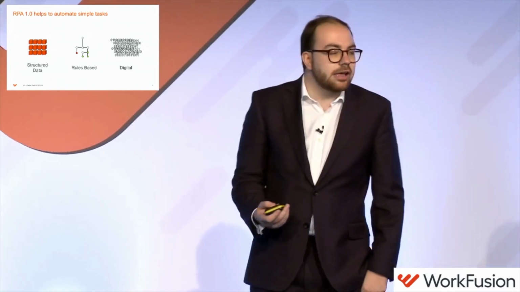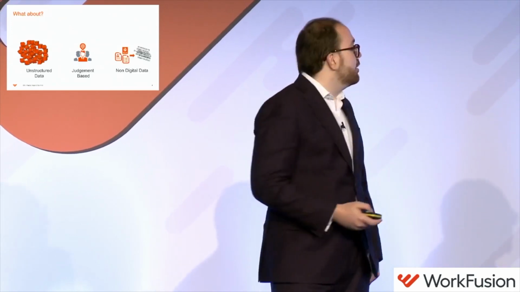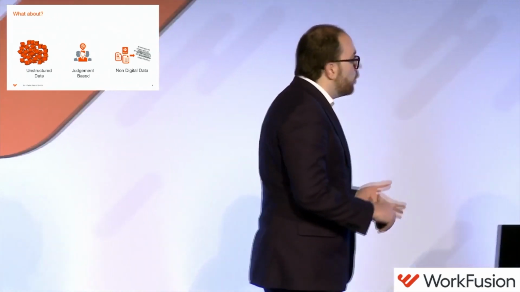Everybody has a way of trying to work out what those use cases are and generally doesn't find it that difficult. So I think the challenge with RPA 1.0 that you will frequently come across is, what about unstructured data? Because the second that data is unstructured, you can no longer use simple rules to automate it. What about processes where some judgment is required, where somebody needs to pause and think and make a decision? Should I accept or reject this payment?